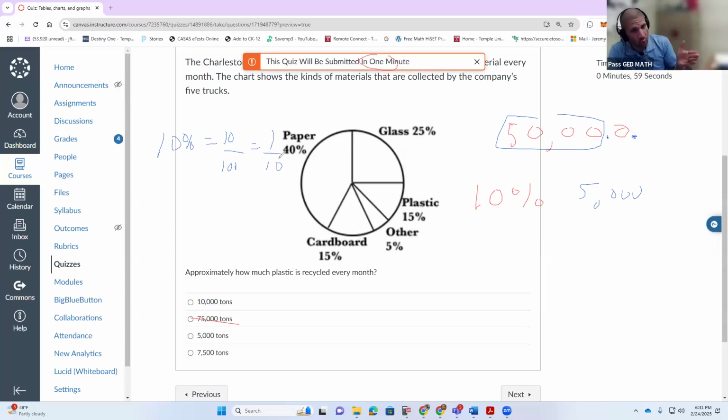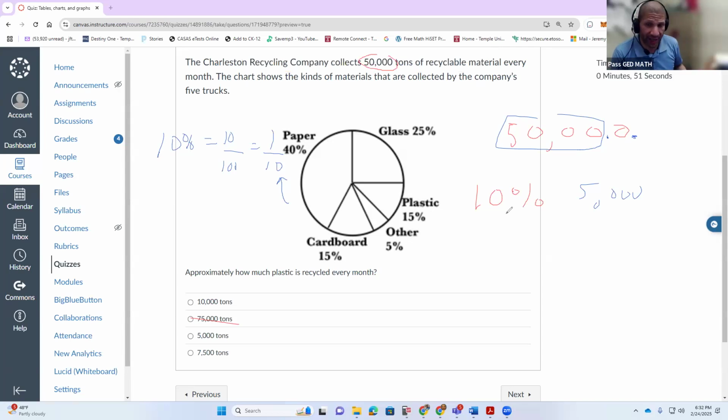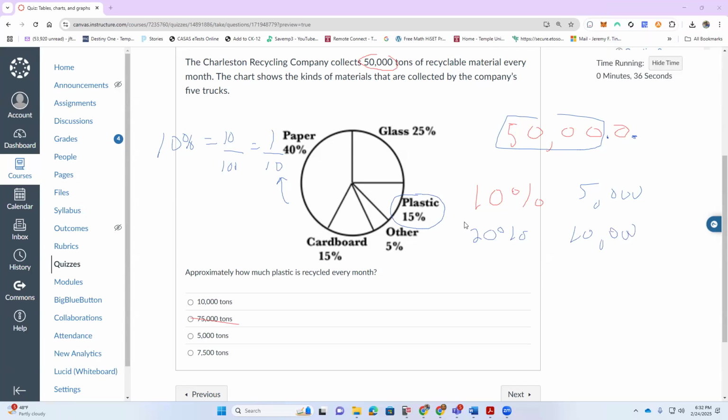This is why you move the decimal 1 place to the left, because you're dividing by 10. So if we know 10% is 5,000 and we're trying to find 15%.